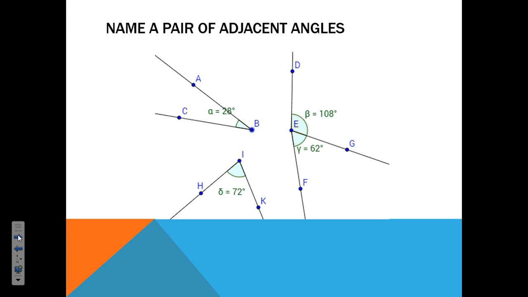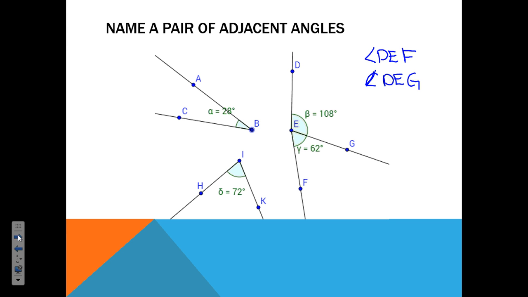Here we go. One more term. A pair of adjacent angles. Oh, Peyton knows. Would it be DEF? Would be adjacent to what? DEG. So are angle DEF and angle DEG adjacent? What do you think?